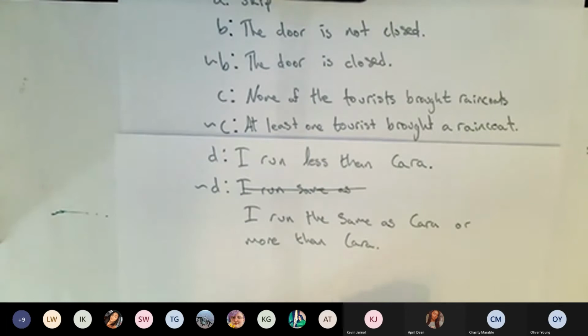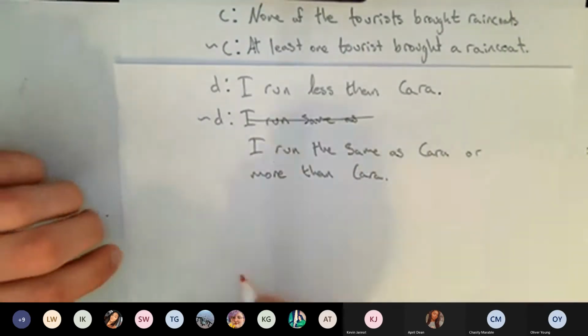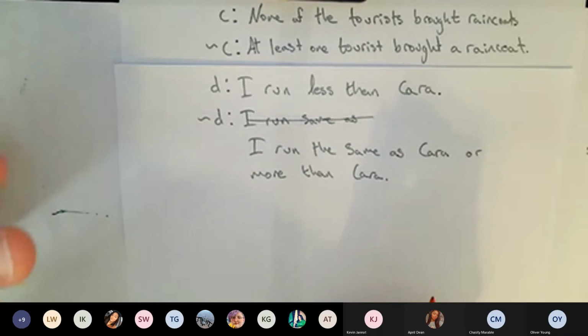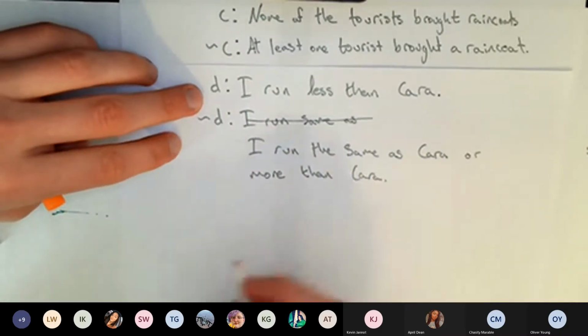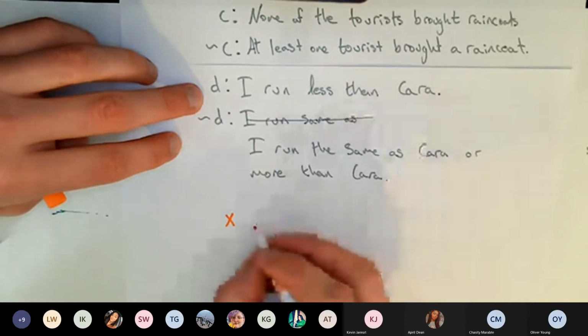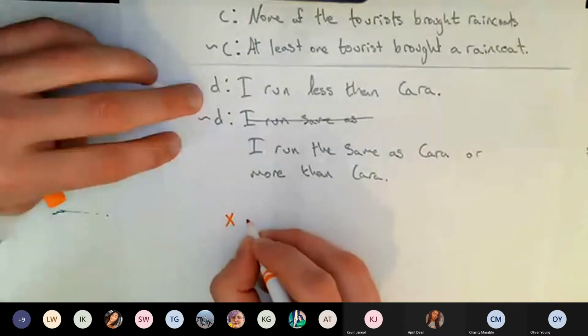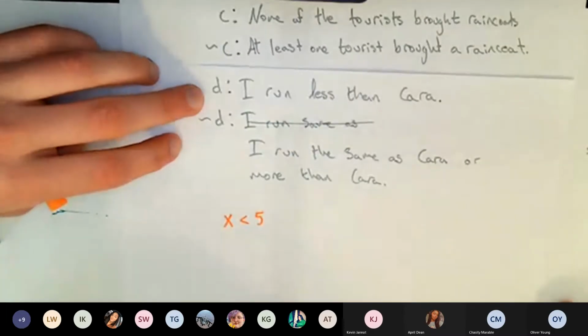So in symbols, here we go. Let's see if we can put numbers to this. This would be nice. The sentence D is saying I run less than Kara. Let's just say my distance is X and her distance is 5. Then the statement is X is less than 5, right? X is less than 5.